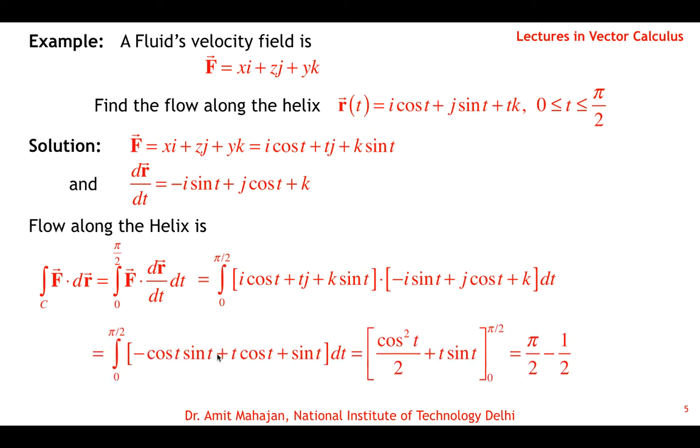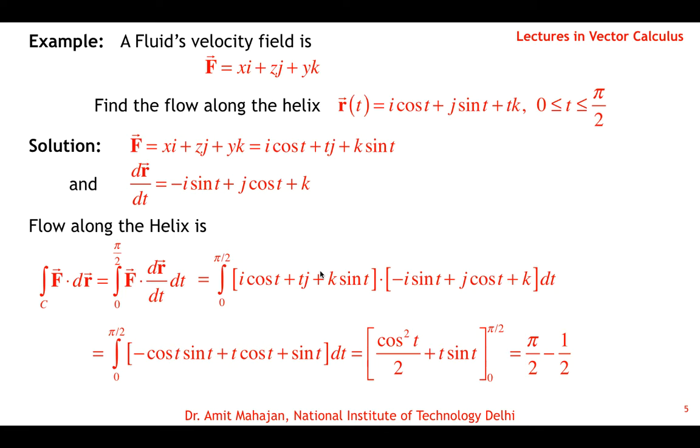We integrate with respect to t and then substitute the upper limit minus the lower limit. Cos 90 is 0, sin 90 is 1, so that gives pi/2, minus cos 0 is 1, so that gives half, with the negative sign, and 0 for this last quantity at the lower limit. So pi/2 minus half is the flow along the curve due to this fluid velocity.